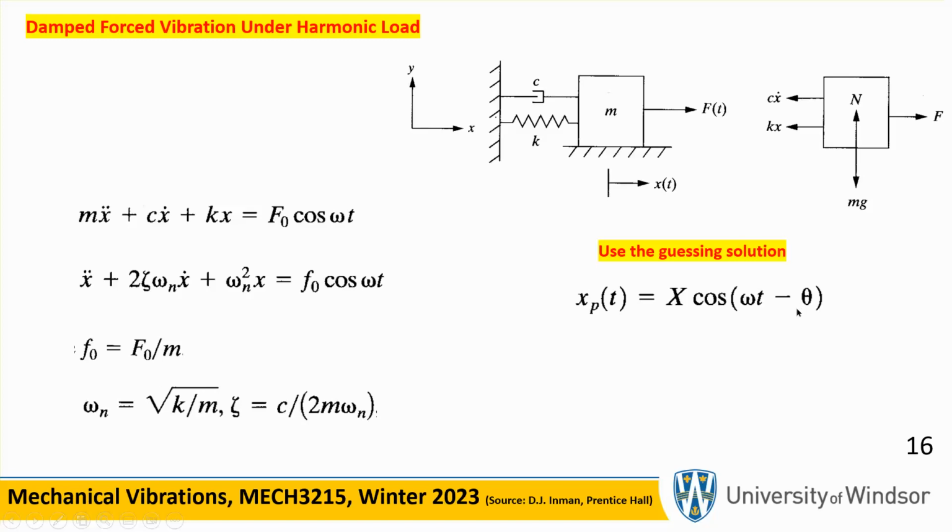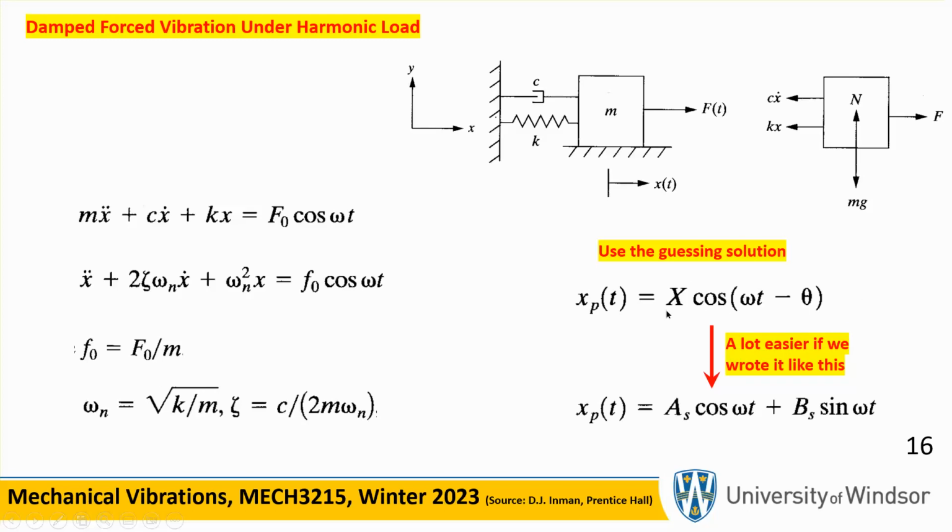And that happens because there is a Cx dot term, because when you differentiate cosine, you get sine. It was not as easy as if this term was not there. We didn't have to worry about this when we did the undamped solution, because I told you that although I wrote it, theta comes out to be zero. It's not necessary. But here, we have to carry it. This is the guessing solution. We have to find out what big X is and what theta is.